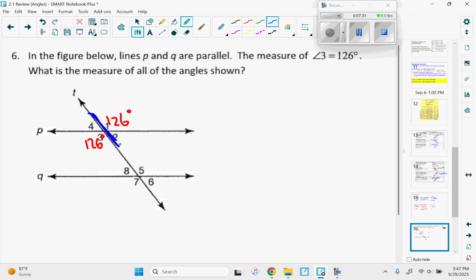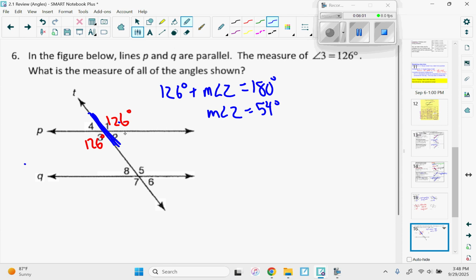And I notice, for example, angle 1 and angle 2 are on this straight line, so they have to add up to 180. So that's 126 degrees plus the measure of angle 2 equals 180 degrees. And so when we figure that out, the measure of angle 2 has to be 54 degrees. So it adds up to 180.